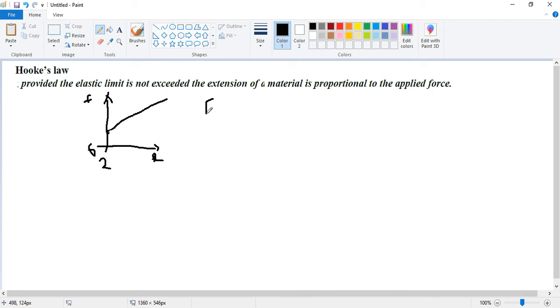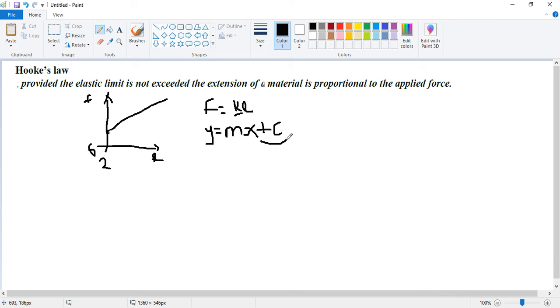From f equals k times the extension, the force is equal to the constant times the extension, and you have plotted a graph of force against extension. The gradient would be the constant. But how do you verify the material is obeying Hooke's law? You will have to look at the equation of a straight line, y equals mx plus c.